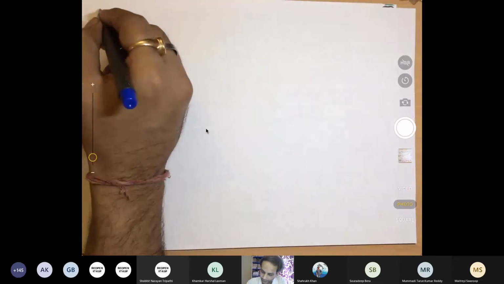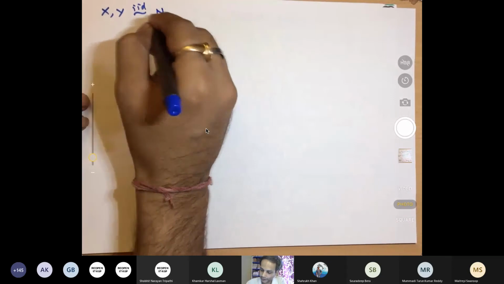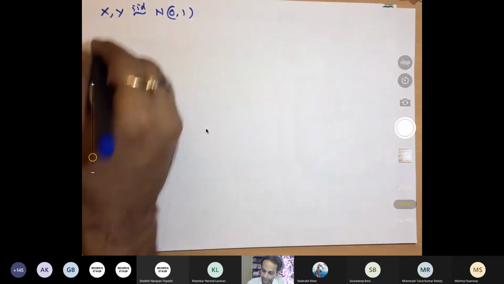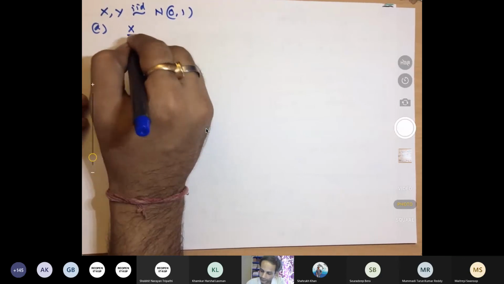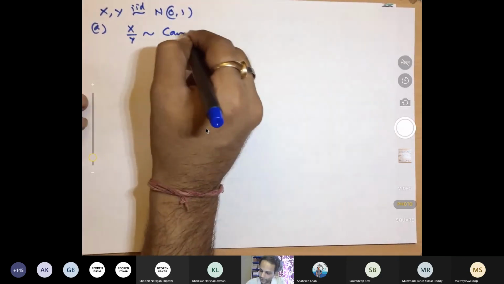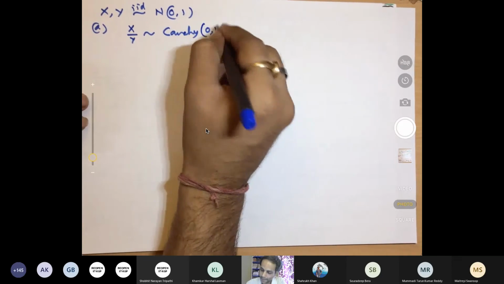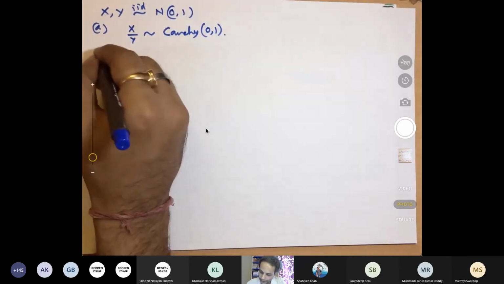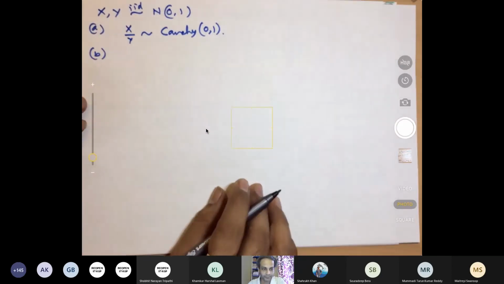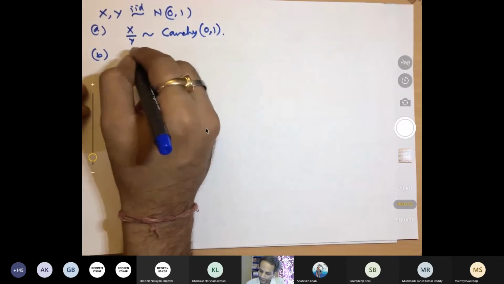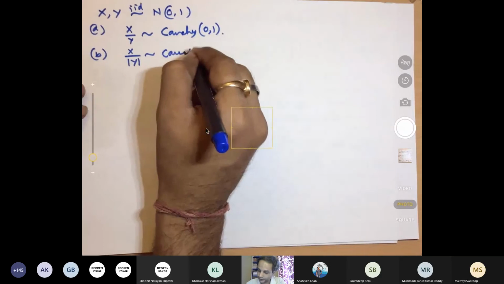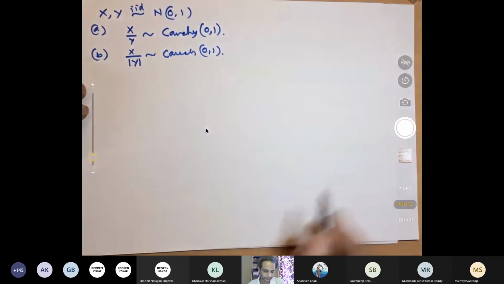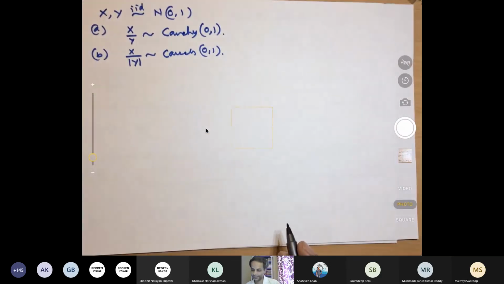When x and y are IID normal 0 1, A: x by y is following Cauchy 0 1. B: again the same way you can prove x by mod y is also following Cauchy 0 1. Okay.